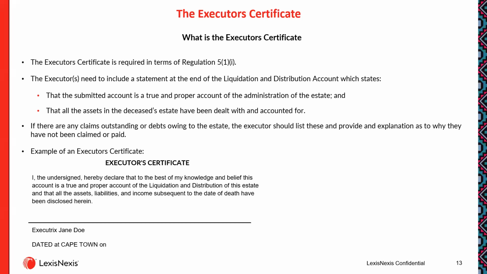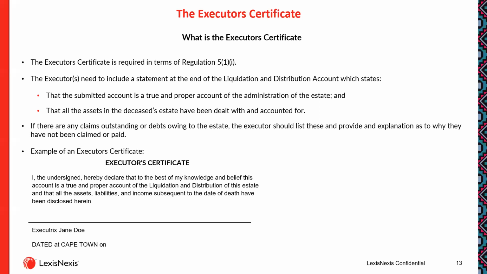And the executor must also confirm that all the assets in the deceased estate have been dealt with and accounted for. If there are any assets that haven't been dealt with or any debts owing in the estate, the executor should list these and provide an explanation as to why they have not been claimed or paid.